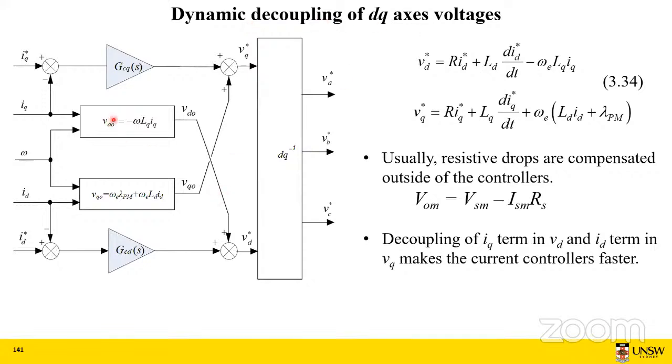So we calculate these two terms outside of the controller, and then we add them at the output of the PI controller. This is the PI controller part, okay?